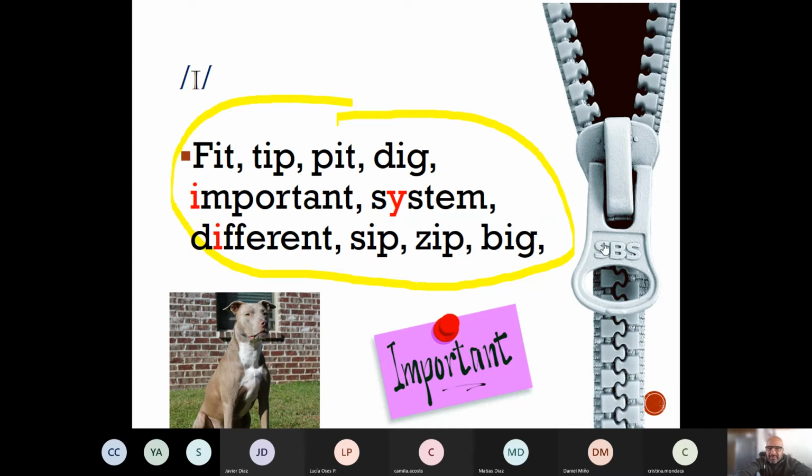Can I have Sebastián Espinosa, please? Sebastián, can you read the same group of words, please? Yes. Fit, tip, pit, dig, important, system, different, zip, zip, big.